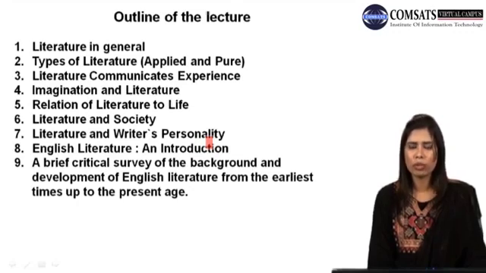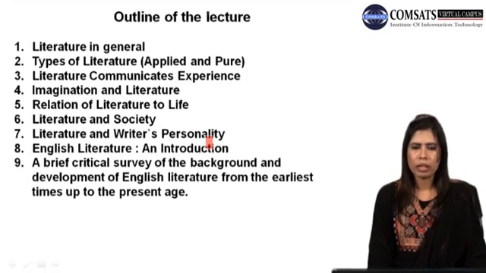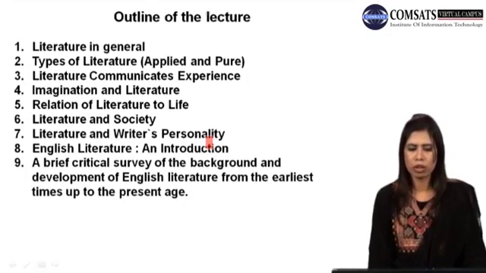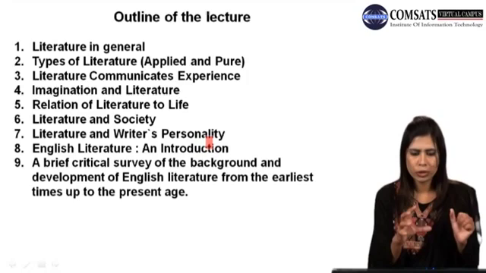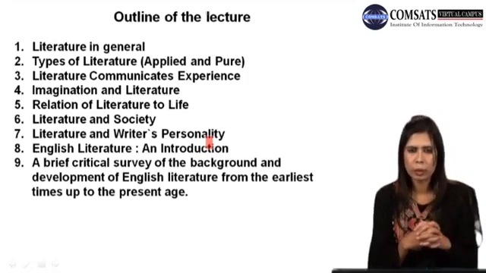So what is the role of imagination in literature, plus how imagination affects literature in the society. Then relation of literature to life. These two concepts, relation of literature to life and literature communicates experience, are interlinked with each other. So we'll talk about these concepts in detail.